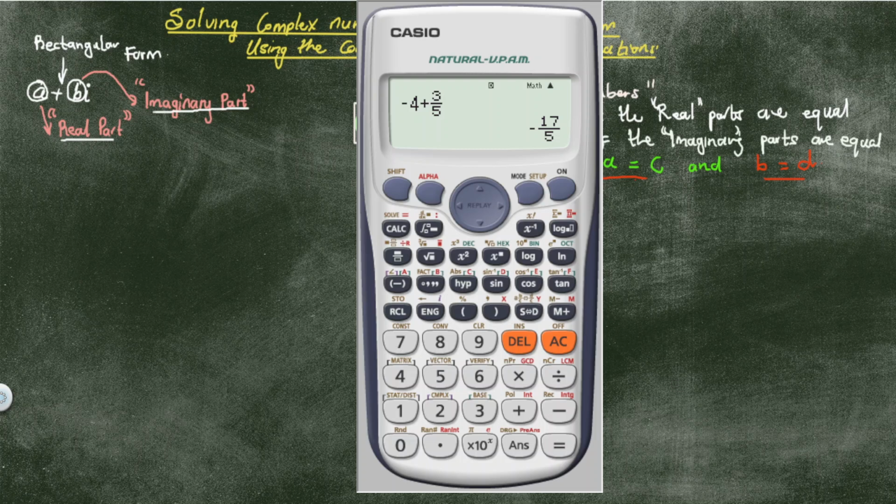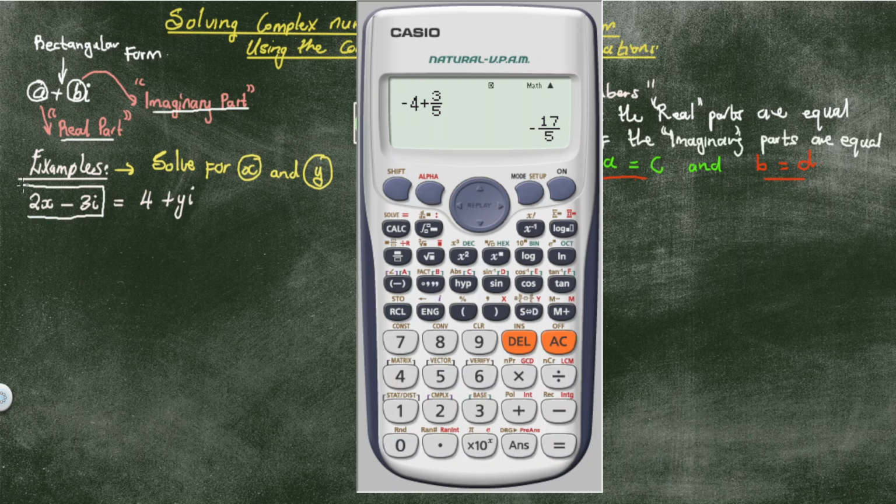All right, so let's take a few examples where we are solving for x and y for equations involving complex numbers. So here's our first example. If you take a look at this equation, we can see that we have a complex number here.